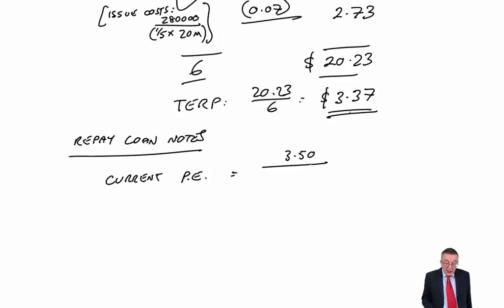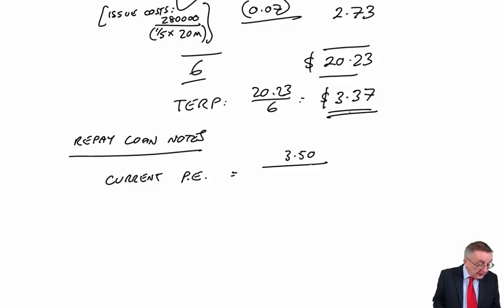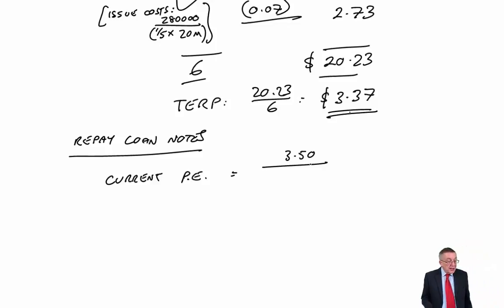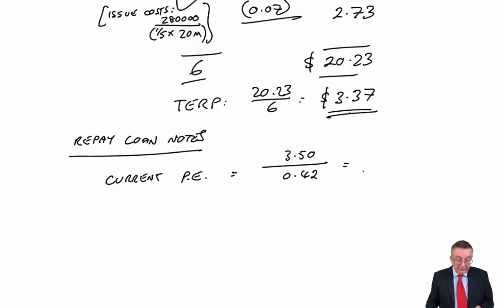The earnings per share, well, I'm sure I saw it somewhere. Yes, the earnings per share at the very bottom of the question are 42 cents per share. And therefore, the current PE ratio is 8.33.